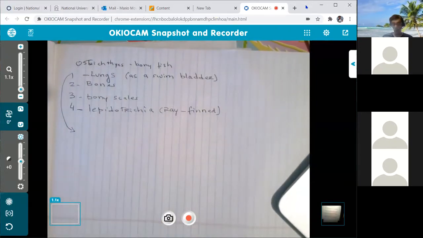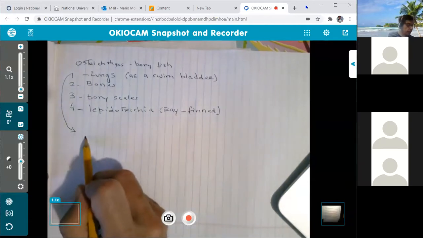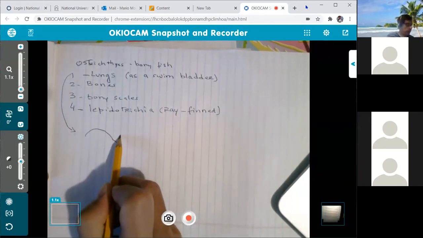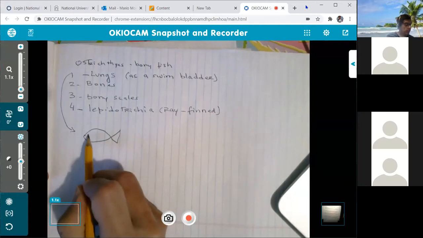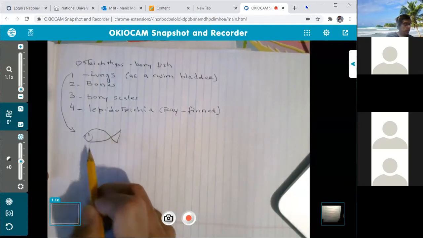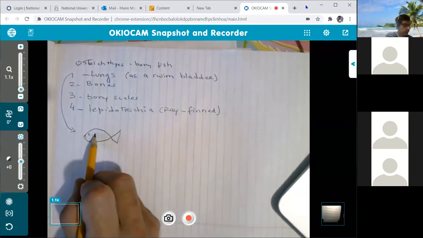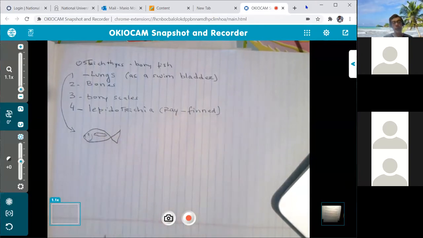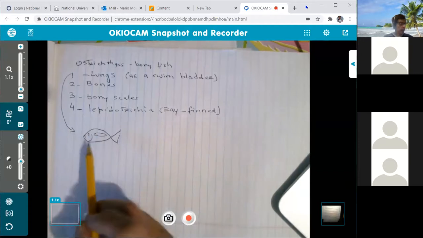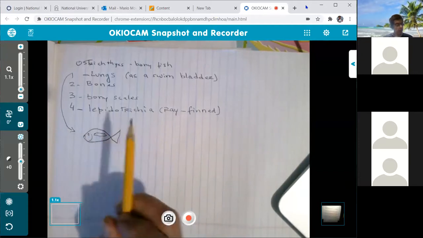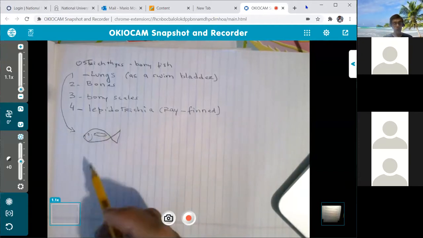So the first one, the lungs, again, a swim bladder. I explained last time that if you have a fish, let me draw a fish like that. You see eye, mouth. For them to move up and down the water column, they have a bladder, which is just a container that they fill with air. By inflating it, they go up. By deflating it, they sink.